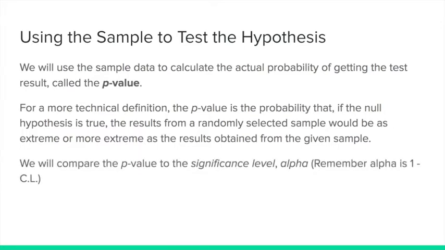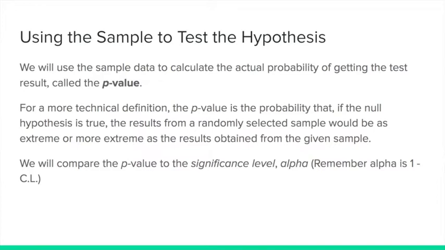Specifically, what we will compare the p-value to is something called the significance level, which is just the name for alpha. We talked about alpha in Chapter 8, and we calculated alpha by finding 1 minus the confidence level. So with hypothesis testing, we don't speak in terms of confidence level anymore. We speak in terms of significance level.